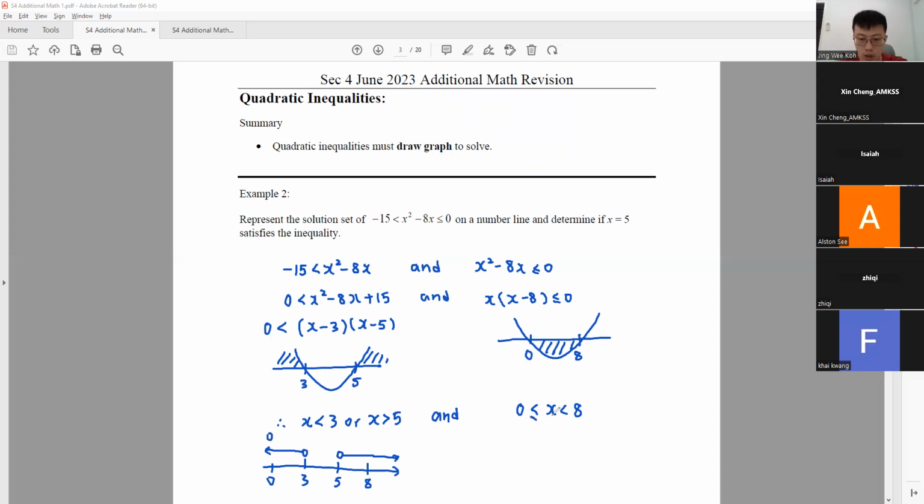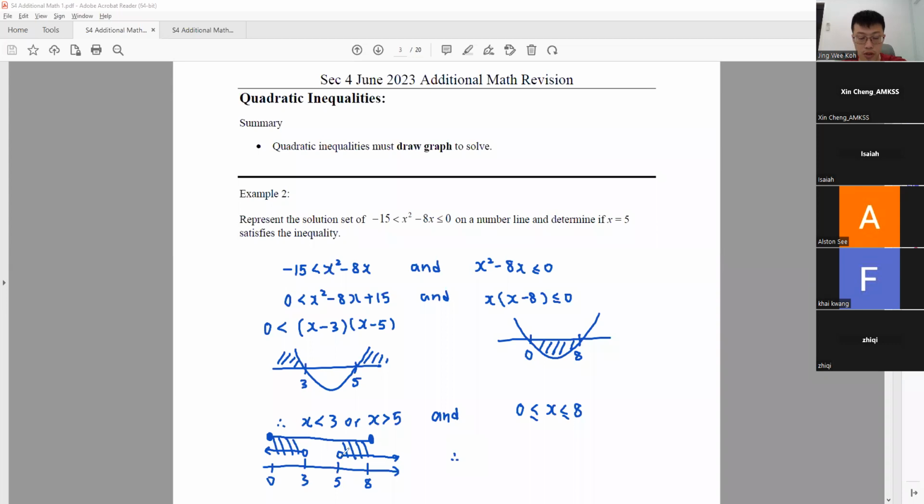This one has no equality, this one has equality. With equality, I will shade the circle until 8. So what I find is, where do these x values overlap each other? The places where they overlap are this part and this part. I broke them apart, now I combine them together.